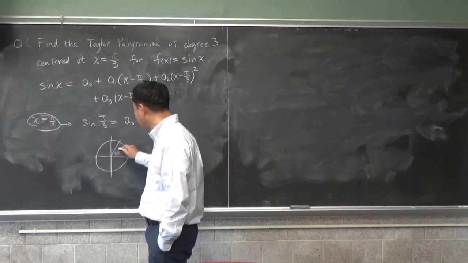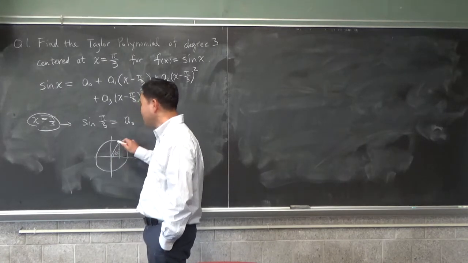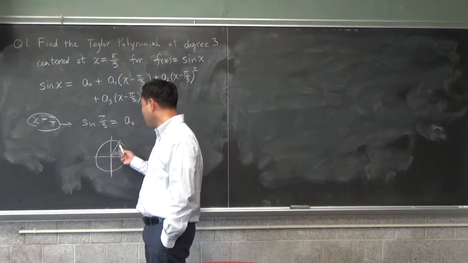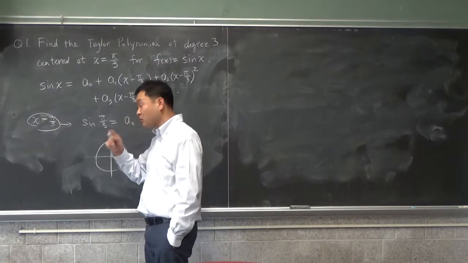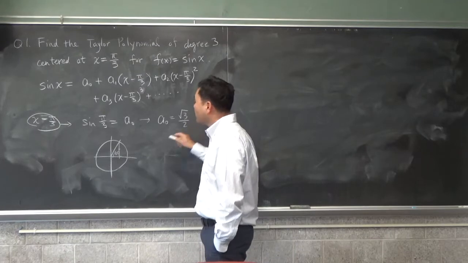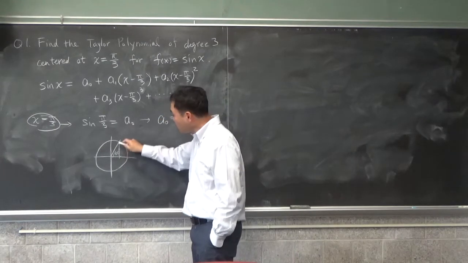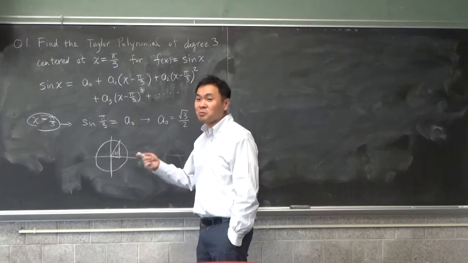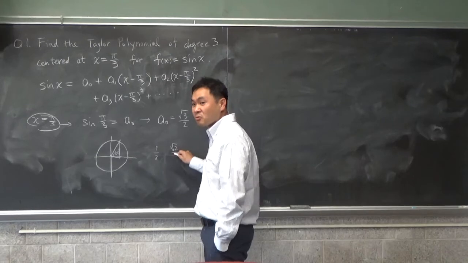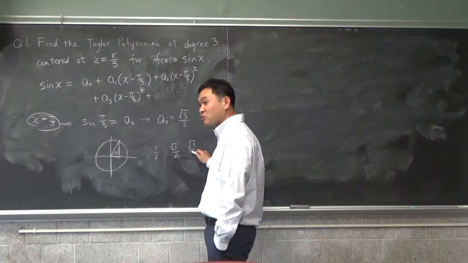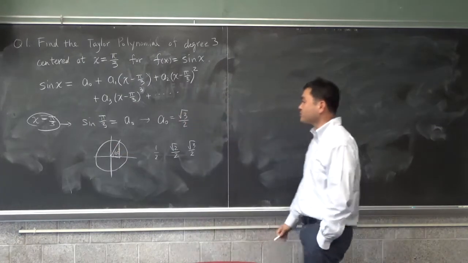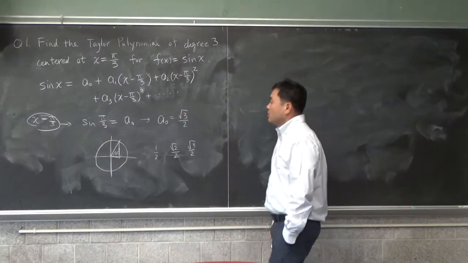The height is the sine, and it's the longer side, so it's radical 3 over 2, because it's equal to 60. The sides go small, medium, large. Small size is 1/2, medium size is radical 2 over 2, and large size is radical 3 over 2. So it's the longer size.